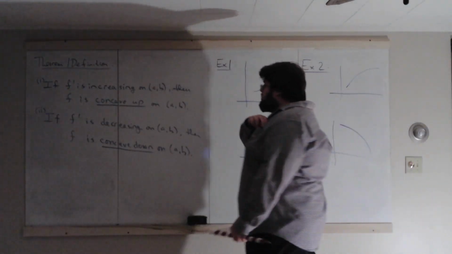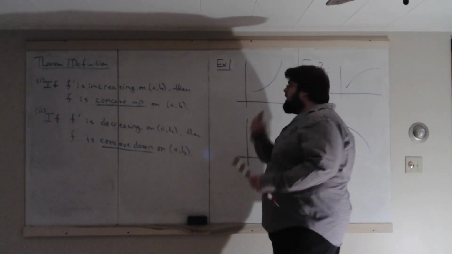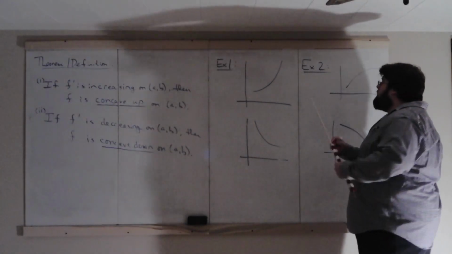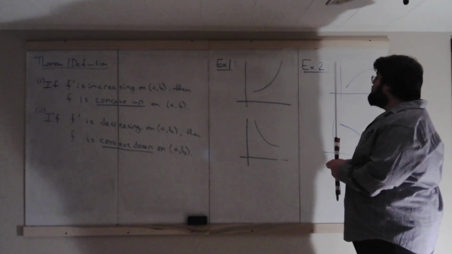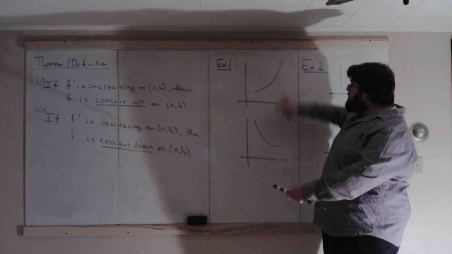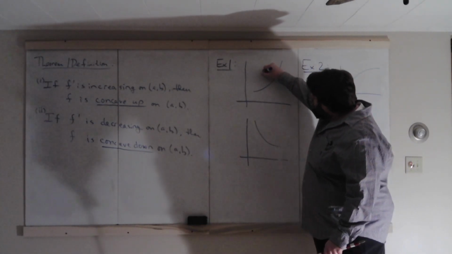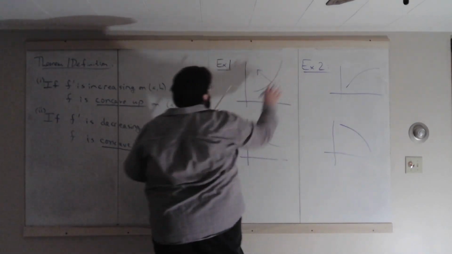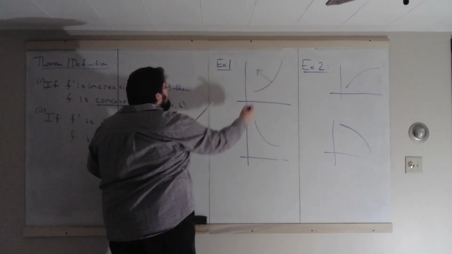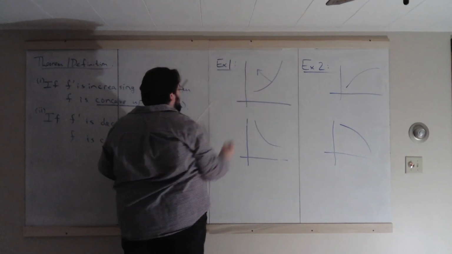Now, to actually visualize concave up or concave down, what I like to do is look at the caved-in portion of a graph like this and see which way it's pointing. So here, the caved-in portion is this side of the graph, and that's pointing in that direction.